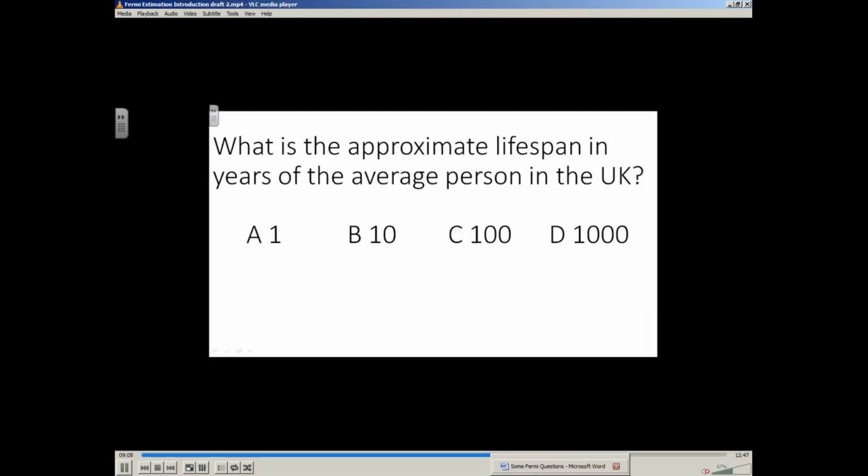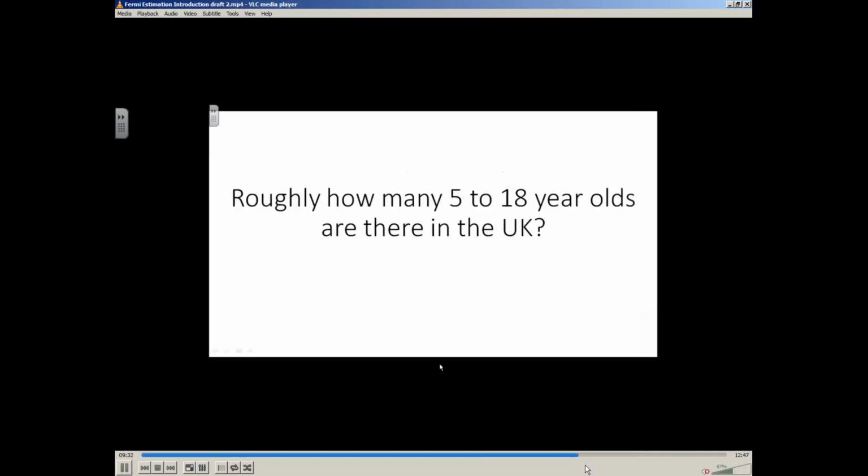All pretty stupid numbers, but the only one that's remotely reasonable is 100. So okay, we've got 100 million people living till they're 100. And those of you in the know will have realized that those are two overestimates which will cunningly kind of cancel each other out. So let's now go back to the problem of saying how many 5 to 18-year-olds are there?